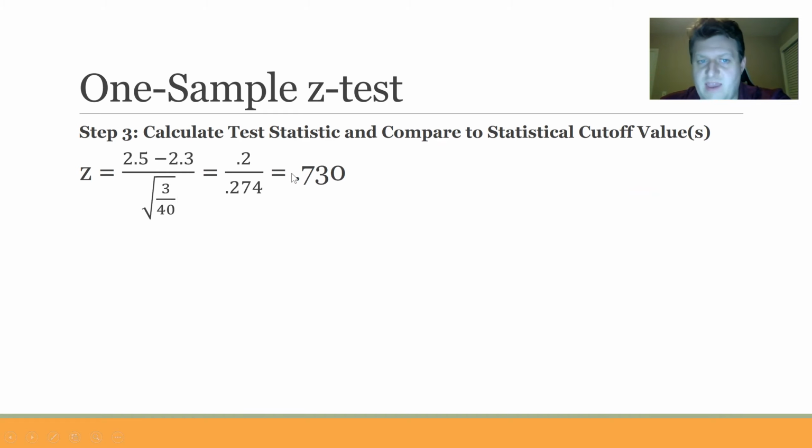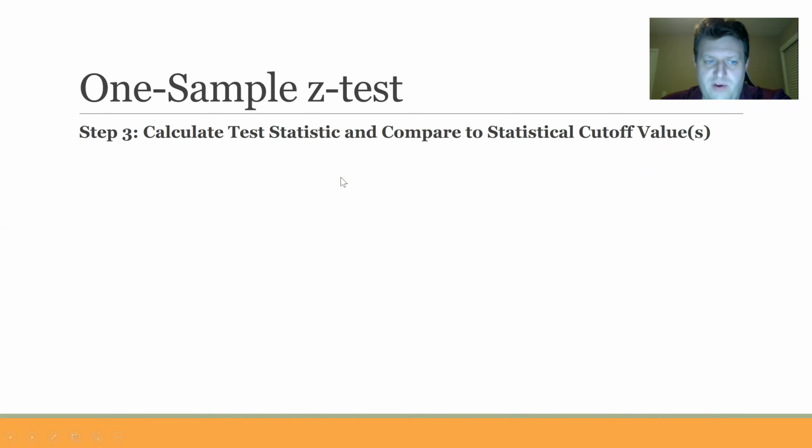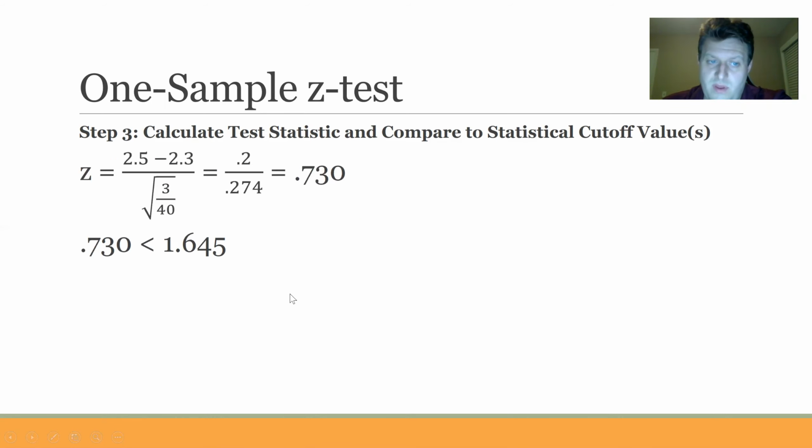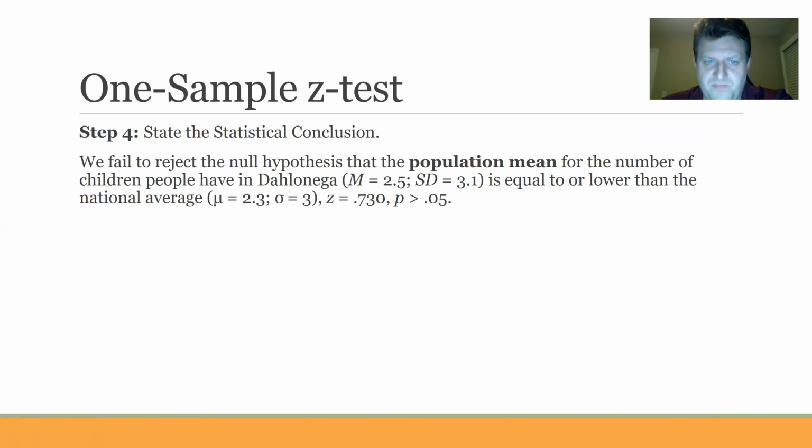If I do this math, I get 0.730. Is this greater than 1.645? No. So we are going to retain the null hypothesis. So how would we write this statistical conclusion? Well, we would say we failed to reject the null hypothesis. We could easily just say we retain the null hypothesis.